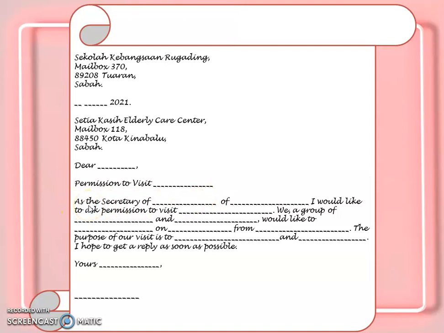And then the body. As the secretary of what? Name of your class. Name of your class of SK Rugading. I would like to ask permission to visit the place that you want to visit.